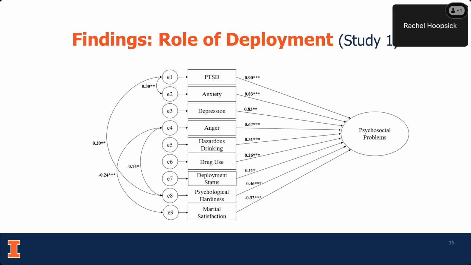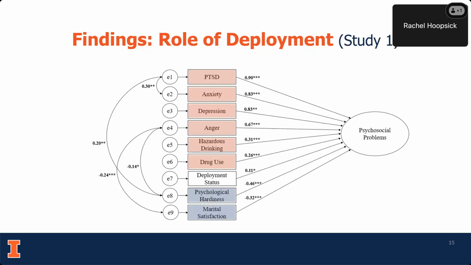So using next a structural equation modeling approach, we found that all of these factors significantly contributed to a latent construct that we've called psychosocial problems, where they tended to track together. Using standardized factor loadings, which allowed us to make some comparisons, we saw that the mental health and substance use variables all positively loaded onto our latent construct or were associated with greater psychosocial problems.